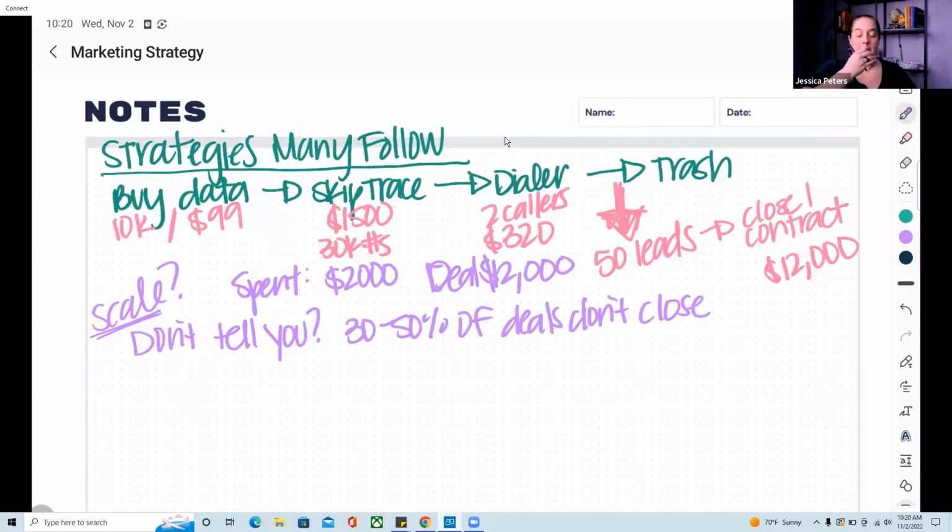Something goes wrong, and that's going to vary from person to person. We talked about that earlier today. Some people don't put it under contract unless they're sure it's going to close, right? Some people don't hold it to such a high standard before putting it under contract. But just on average, industry average, 50% of deals don't close.